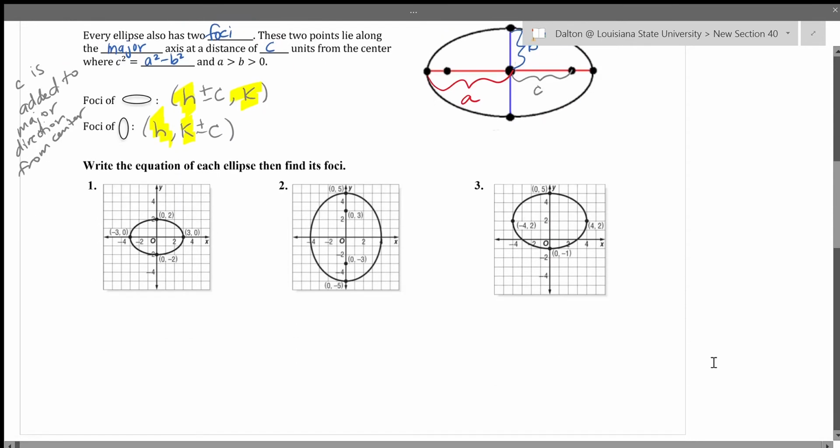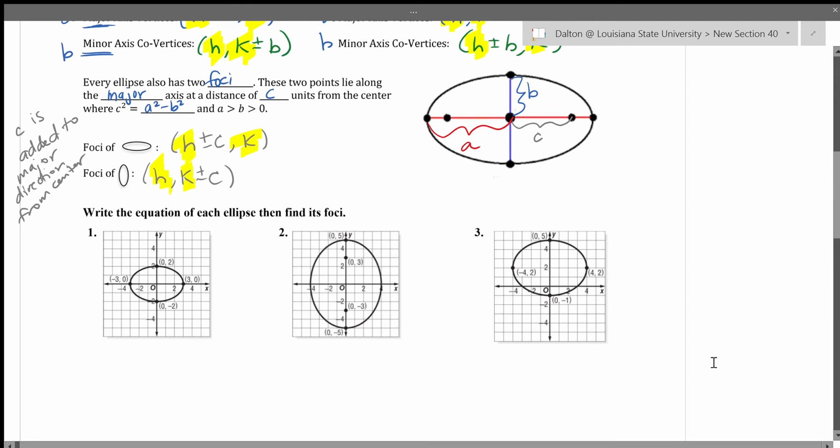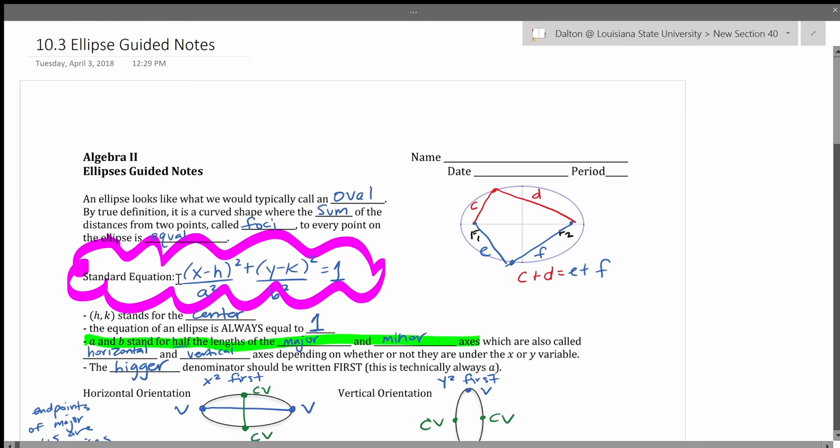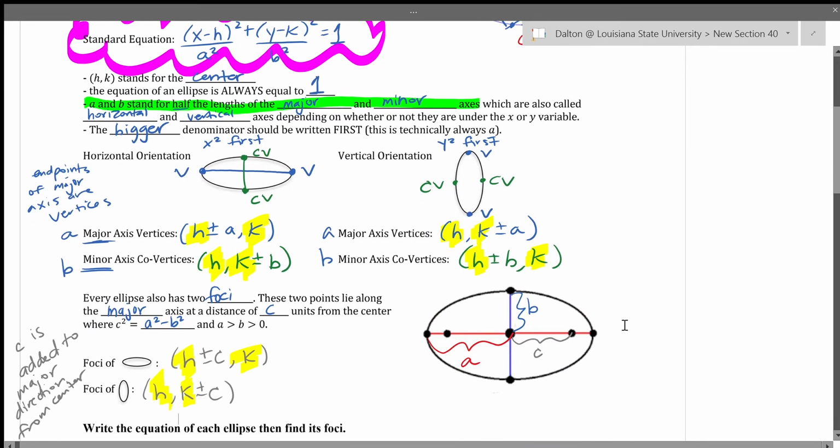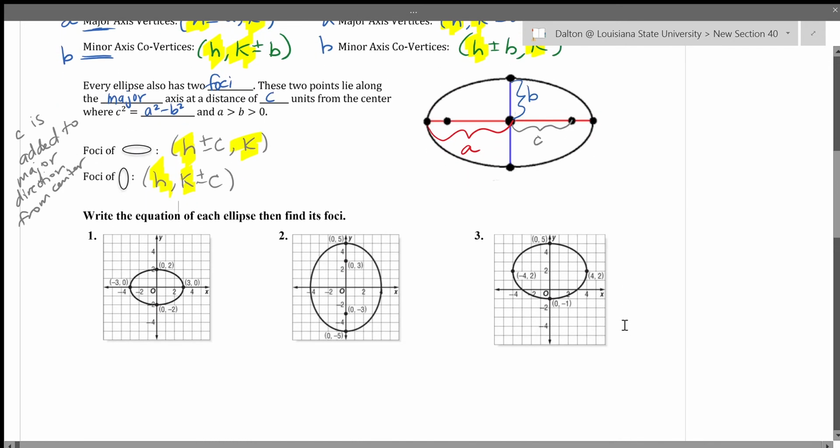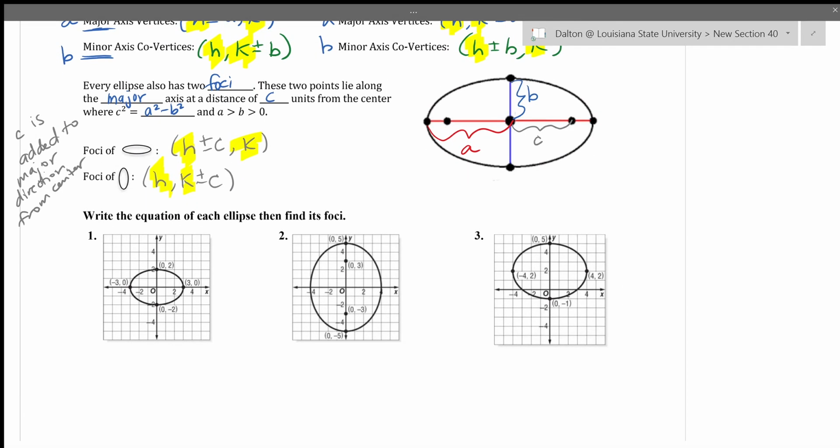Okay, for these first 3, the directions just say write the equation of each ellipse and then find its foci. Well, if you look back at the equation in standard form over here, in order to write that, I need a few different variables. I need H and K, which are the center points, and I need A and B. So let me write down what I need.